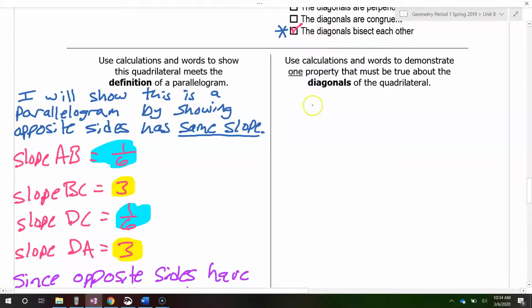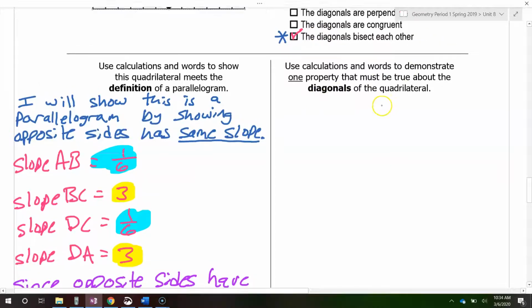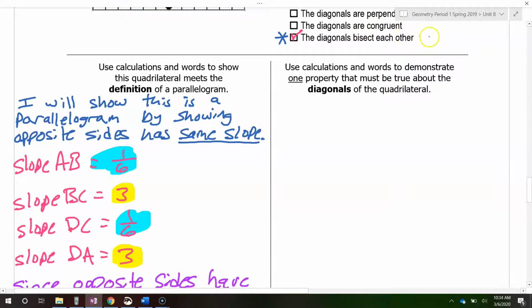The diagonals bisect each other. And the way you prove that diagonals bisect each other is by showing that they have the same midpoint. We need to show that they have the same midpoint. So that's what I'm going to say in my introduction.